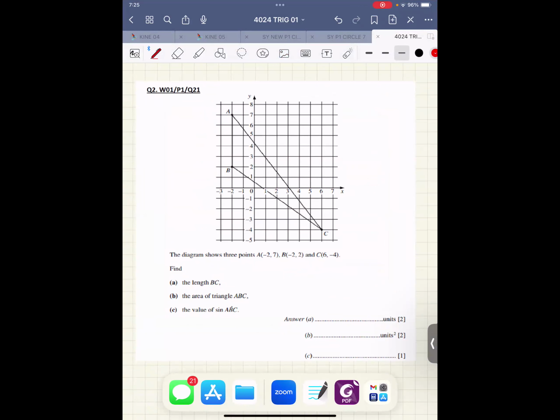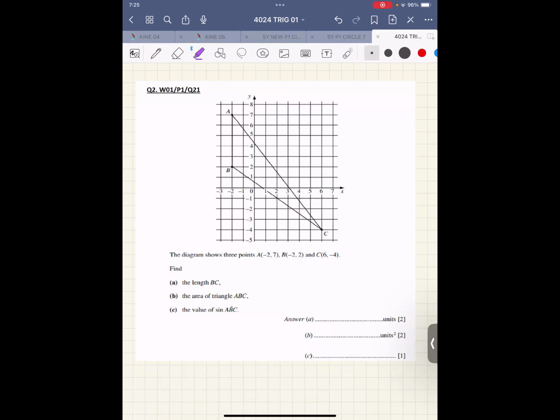First of all, just go through the question. It says the diagram shows 3 points A, B, and C. So over here, this is A, this point is B, and over here, this point is C. Find the length BC.